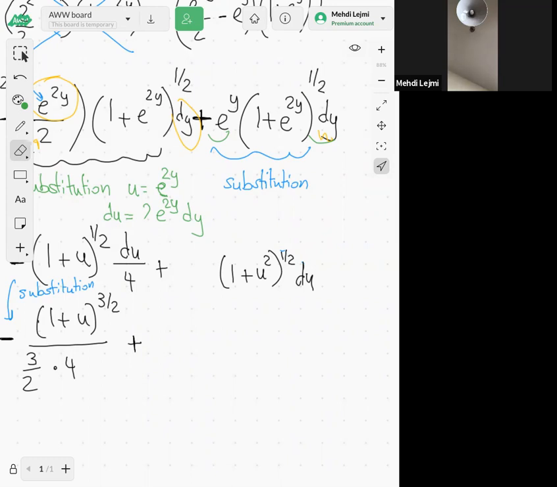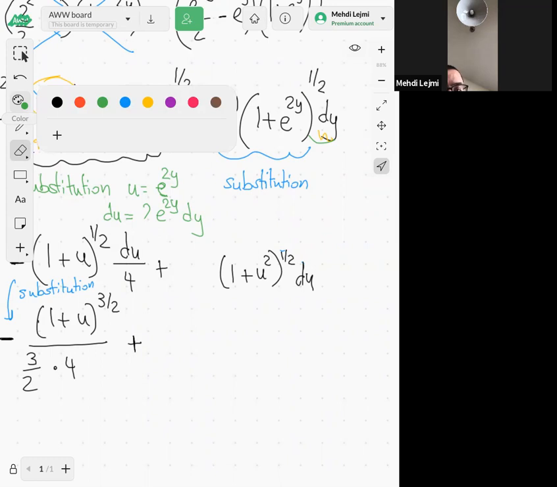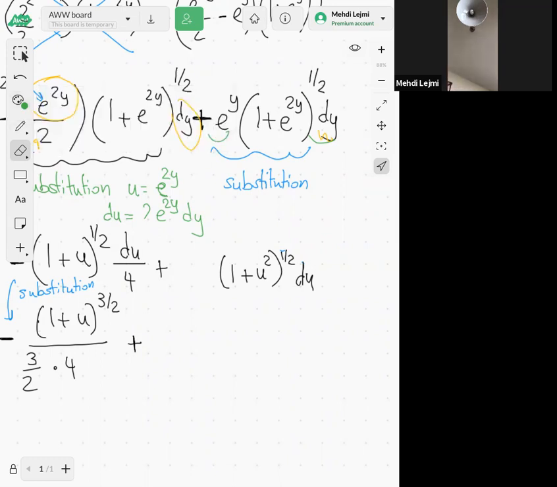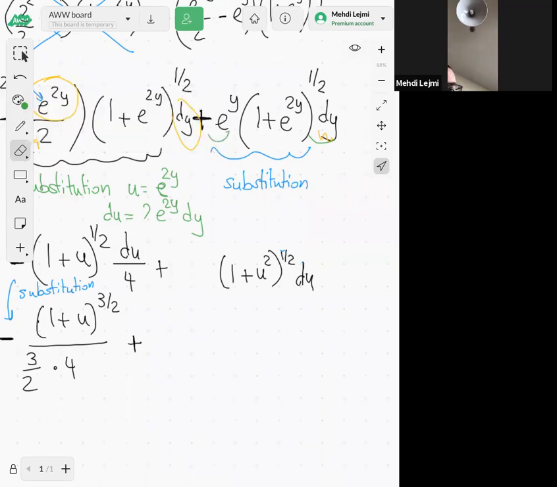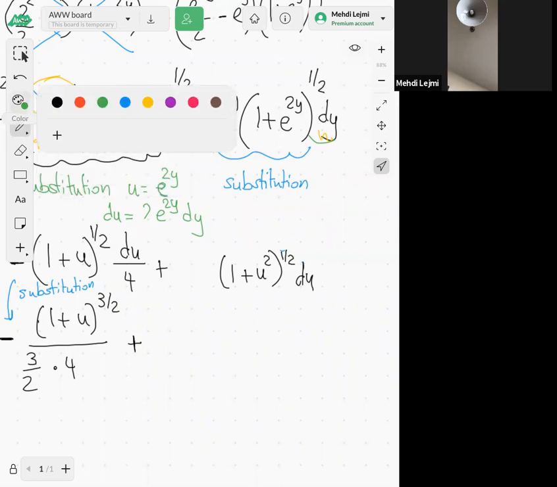let's see. So it's just u equal to, let's see. So this is a square root. So I'm gonna need e to the y. So u is equal to, oops, sorry guys. Keep the same color here.